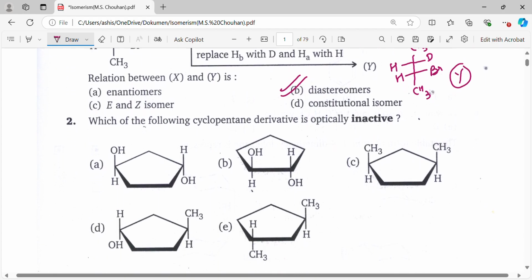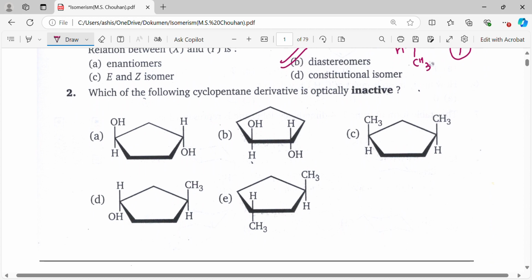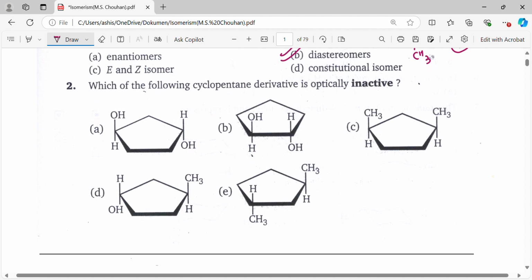In the second question, which of the following cyclopentane derivatives is optically inactive? We know which compounds are optically active. Optically active compounds are those which do not have any element of symmetry. So an optically active compound should not have POS, should not have COS.